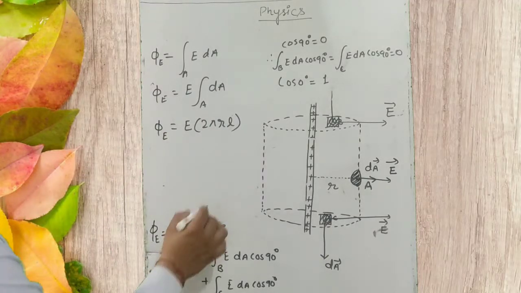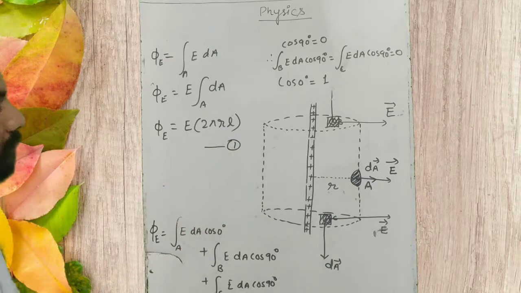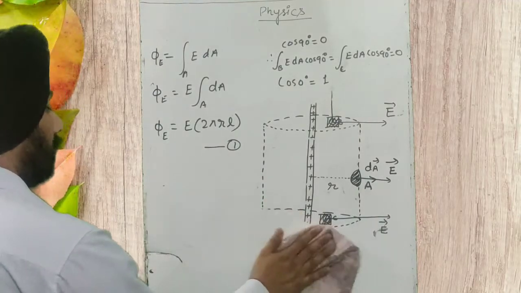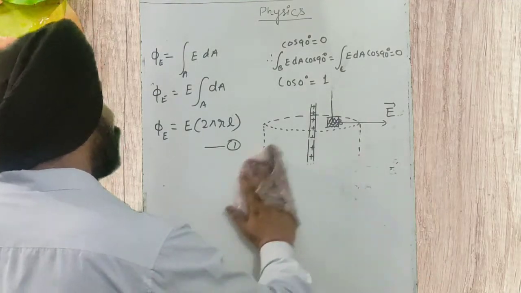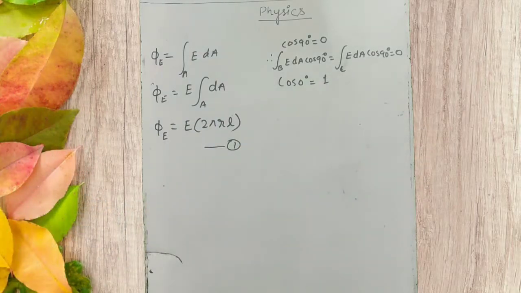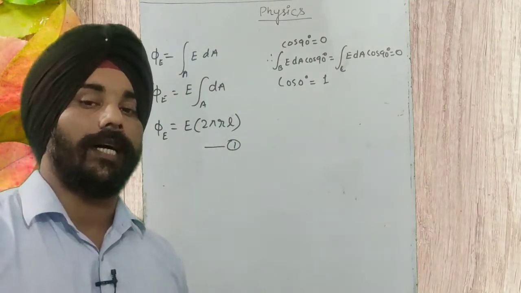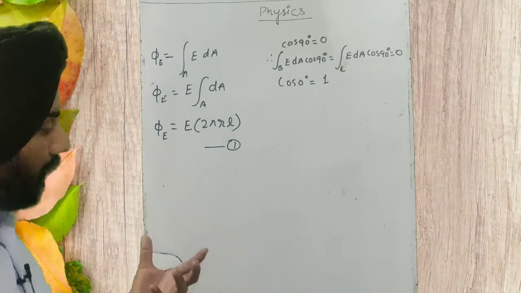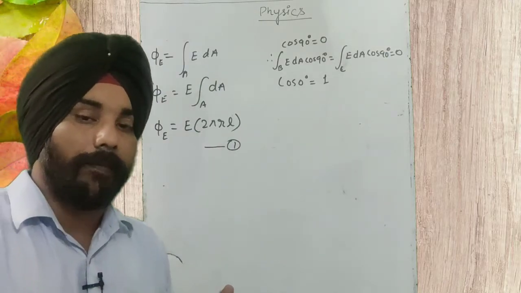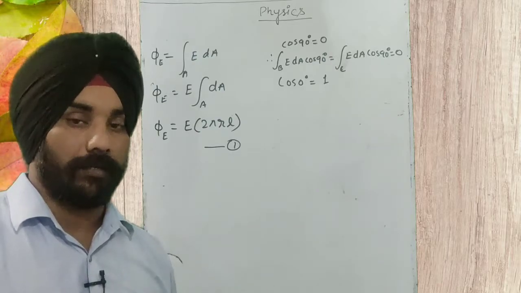Now you consider this as equation number 1. Now you have to recall your memory and think about what the Gauss theorem was stating. How much flux is going to come out from a closed surface which encloses a charge in it? It is Q by epsilon naught.